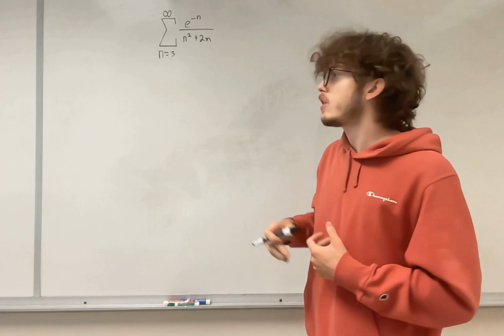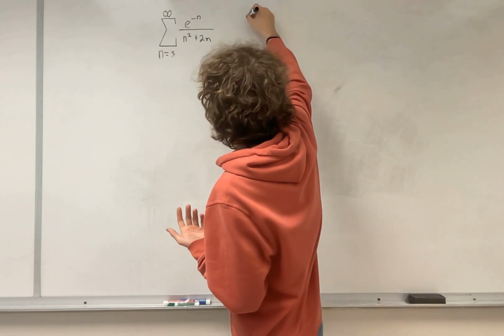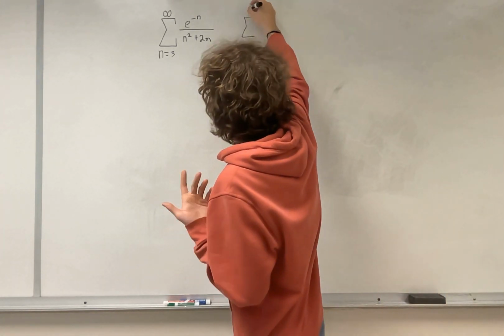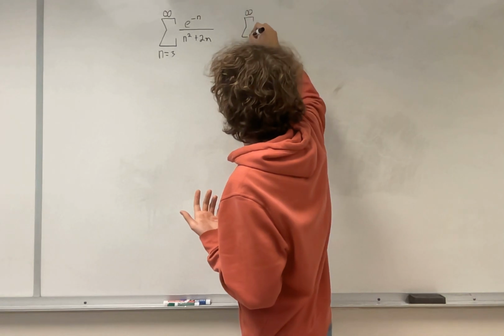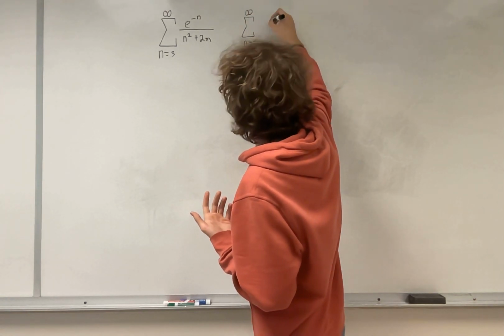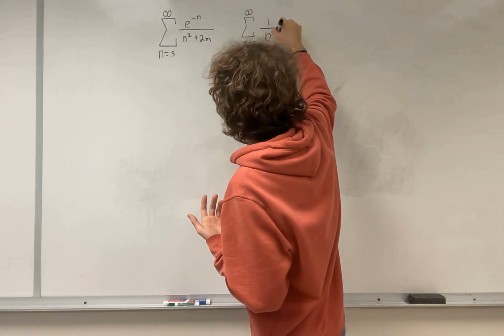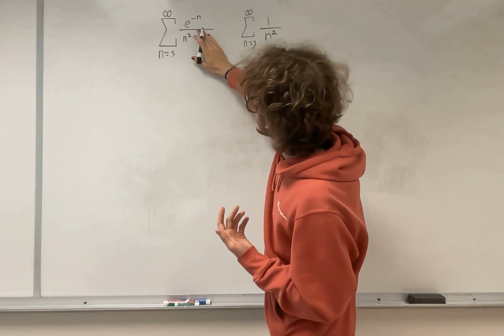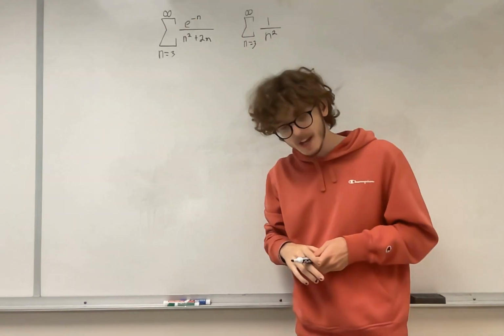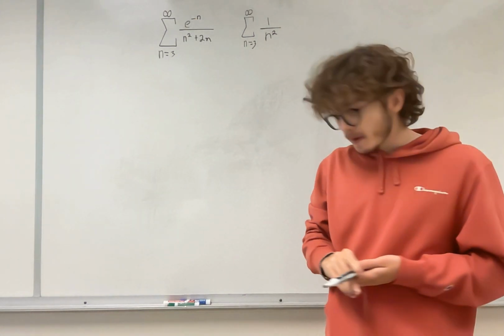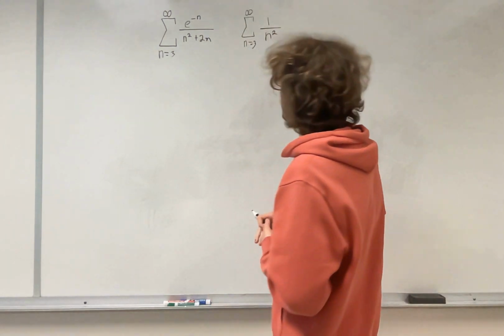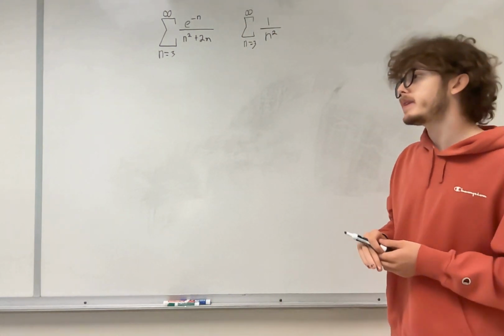So I'm going to realize there's another series that I do know the convergence or divergence of that follows the p series, which is 1 over n squared, which is basically like getting rid of this and e to the negative n. Now, think about it. 1 over n squared, that is going to be the p series.